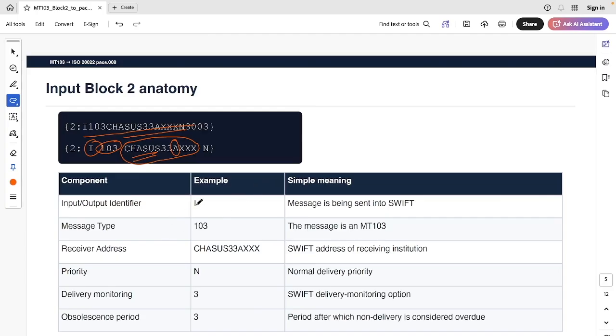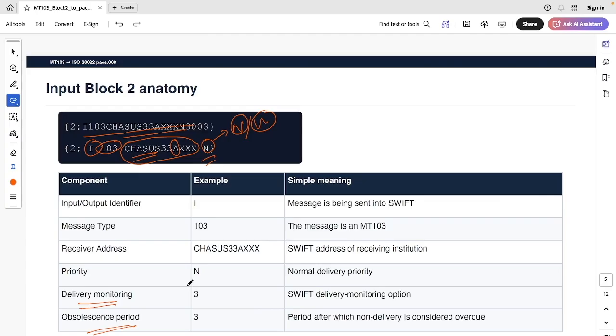Okay, the next character is priority. N represents normal FIN delivery. Depending on the FIN message and configuration, you may indicate urgent delivery. Mostly we see N or U. If it is a normal delivery, you will see N. If it is an urgent delivery, you will see U in the block. Then we also have some optional components: delivery monitoring and obsolescence period.